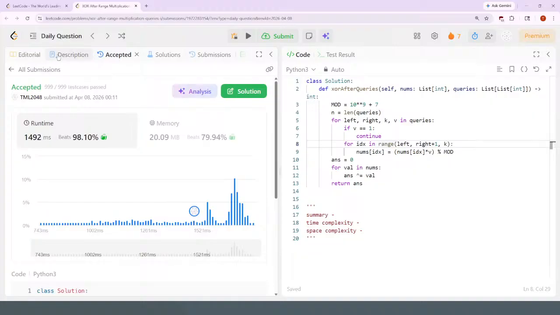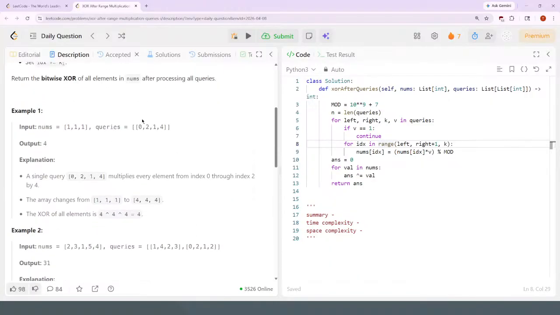How would sorting it somehow help? If I sorted the queries, if it wasn't for the gaps, I think it might be. If it wasn't for the k gaps in the query range. Oh, could I somehow modify the nums array?